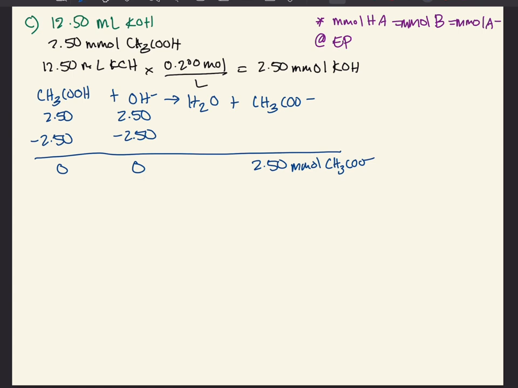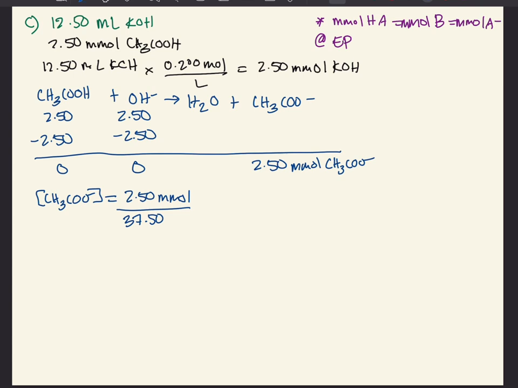So the concentration of my conjugate base is going to be 2.50 millimoles over my total volume. Now my total volume is going to be the 12.5 milliliters of KOH plus the 25 milliliters of acid.